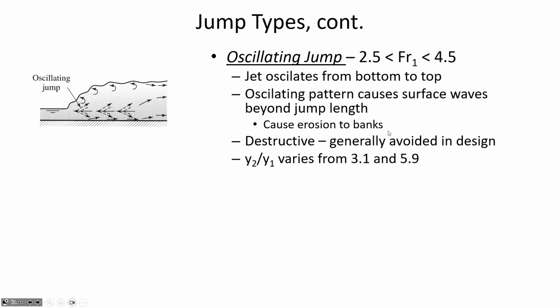It can cause erosion to the banks of the channel because there are a lot of waves that set up. In addition to the rollers, there are waves downstream that get propagated.